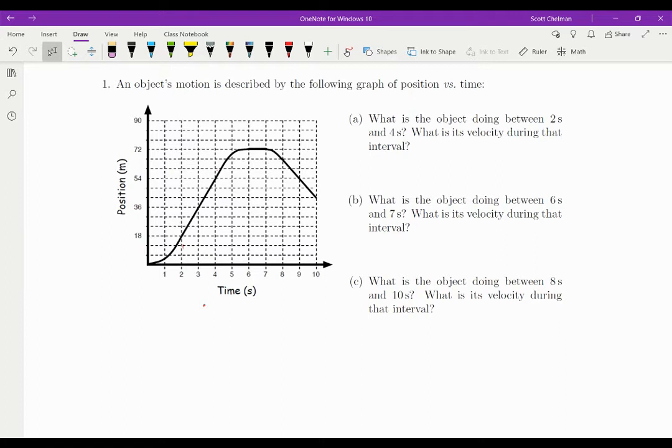Give the graph and say, "Tell me the slope of these points and how fast the object is moving at this point." Probably wouldn't even say slope, because I expect that when you see position versus time or distance versus time, you know slope means speed. So I just say the speed. What's the speed of the object between 2 and 4 seconds? And what is it doing between 2 and 4 seconds?